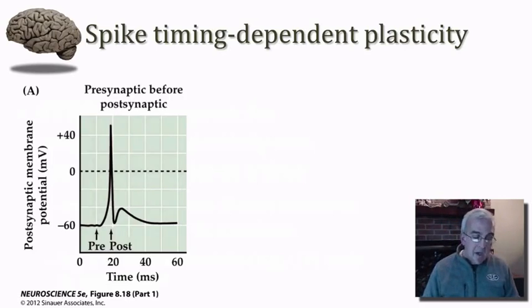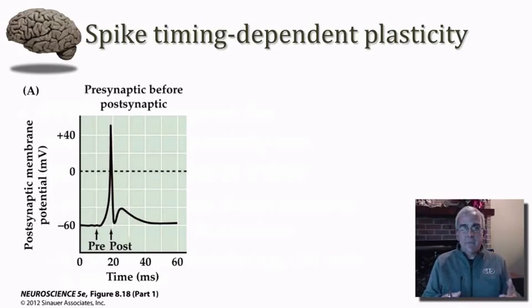So, consider a synapse where we've got a presynaptic input to a postsynaptic neuron, and in the experiments that I'll be talking about here, it's possible to stimulate the presynaptic axon and induce an action potential at that presynaptic terminal at some period of time, either before or after an action potential is recorded in the postsynaptic neuron.